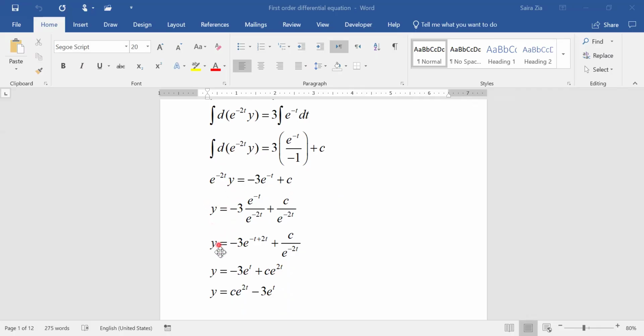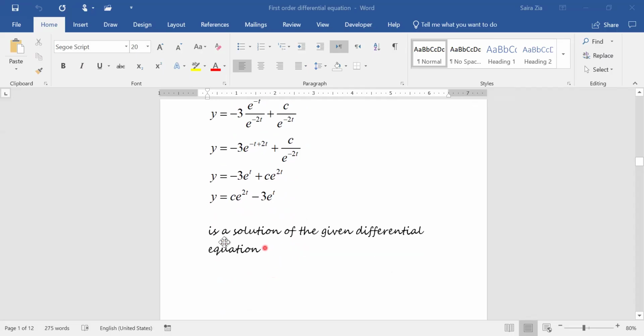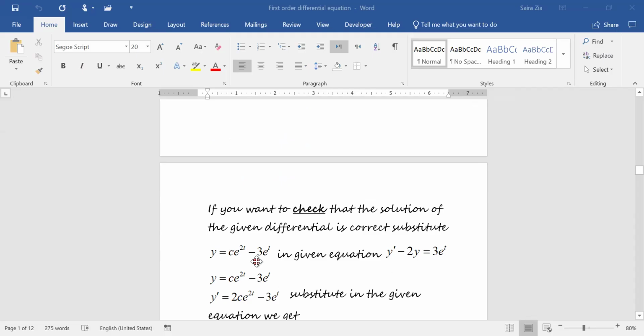In the end we get y equals minus 3 e^(-t+2t), and minus t plus 2t equals t, plus c, which we take to the numerator, so we get c e^(2t). So y equals c e^(2t) minus 3 e^t. This is the solution of the given differential equation.